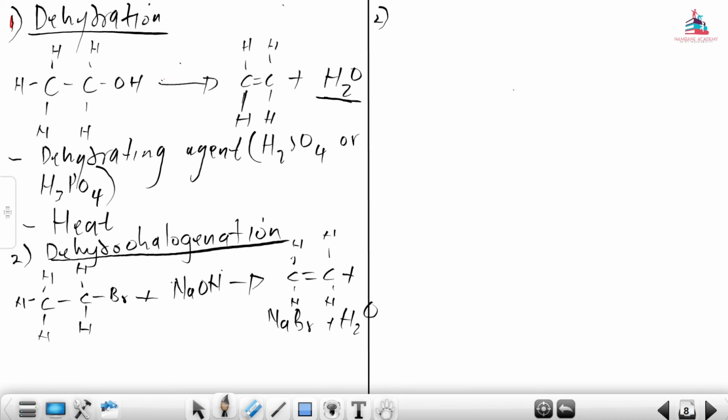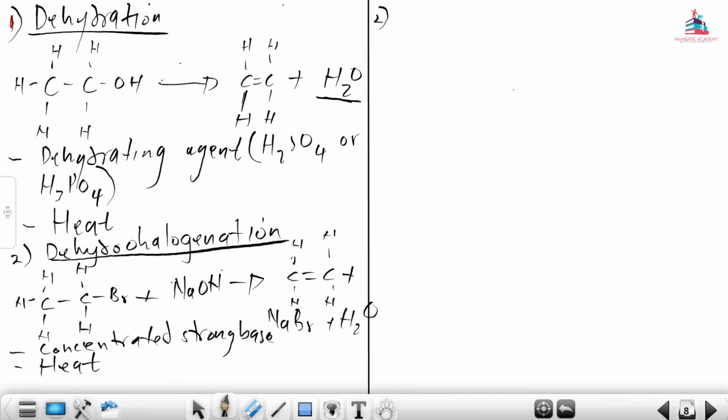So this is dehydrohalogenation. Reaction conditions, we must use now concentrated strong base and heat. Just going to say heat for now.